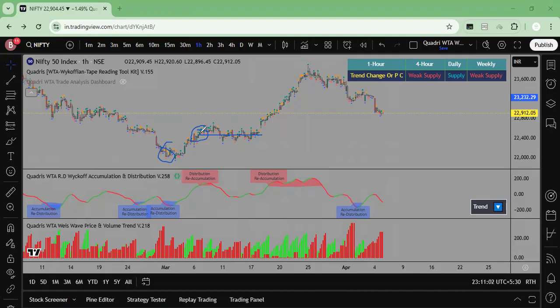This is a good example of why it fails. And if it fails, you are not left with any option for what to look for in the market. So this tool helps you in identifying either accumulation, distribution or reaccumulation.